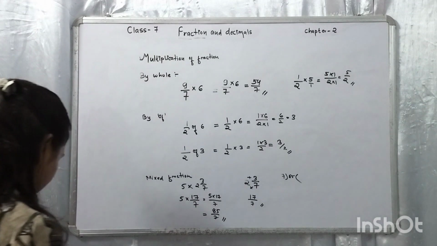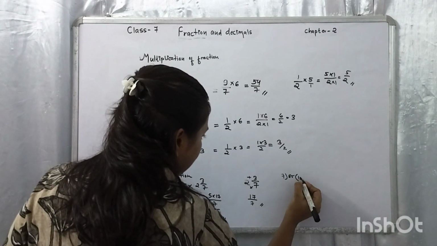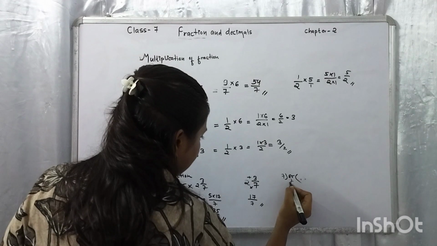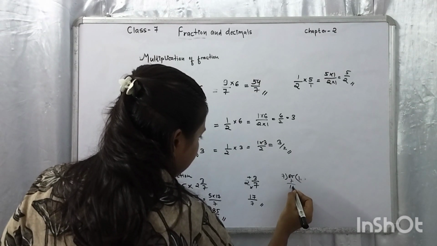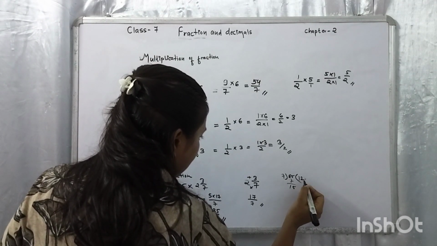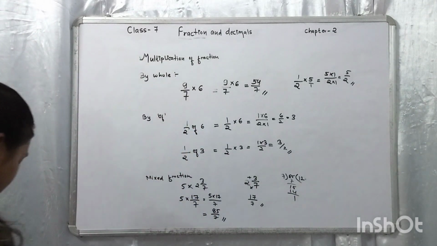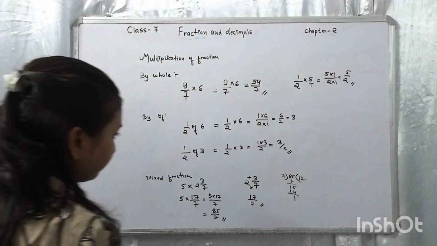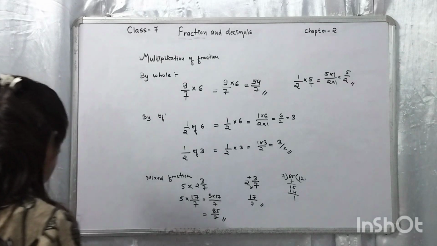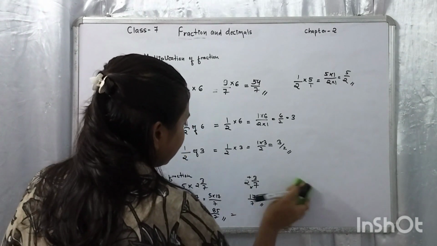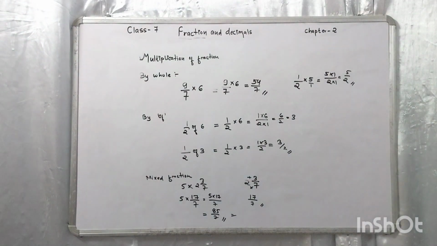So you will get 7 elevens are 77, 7 twos are 14, right? So you can convert this into a mixed fraction. Fine. So this is not required actually, but this is our answer.